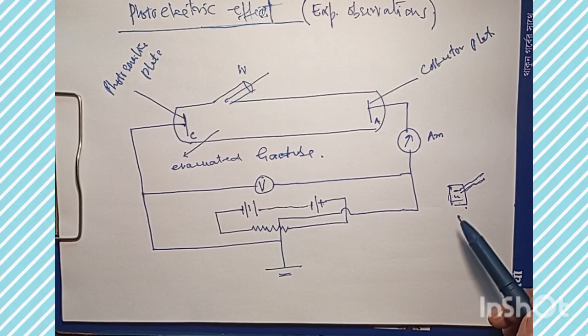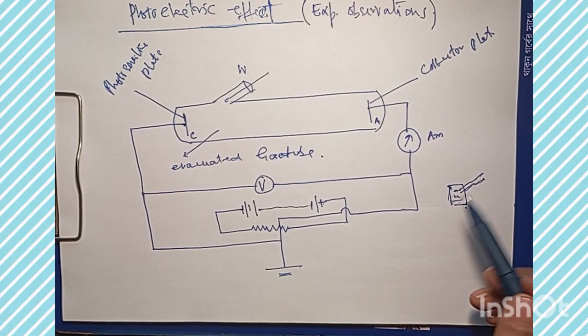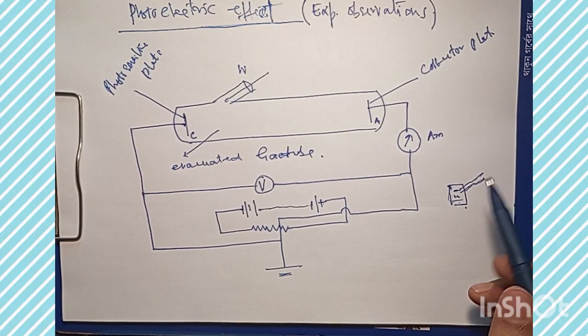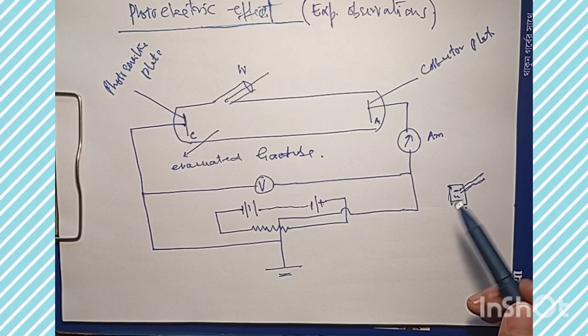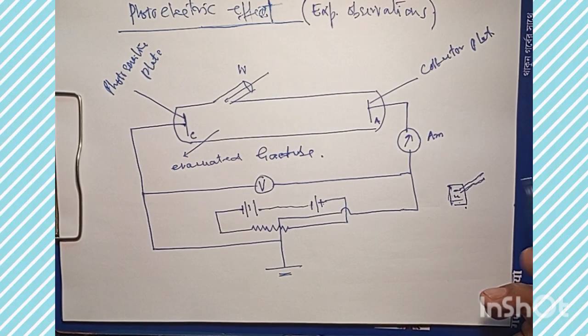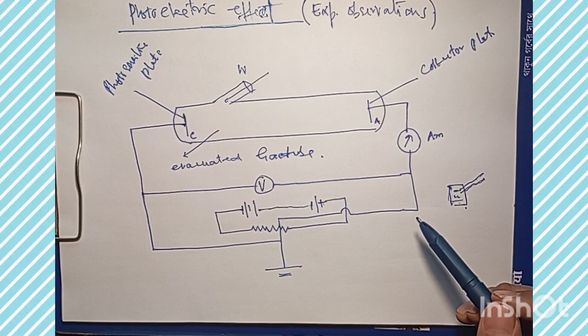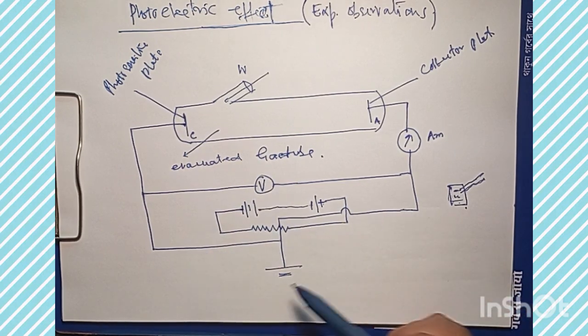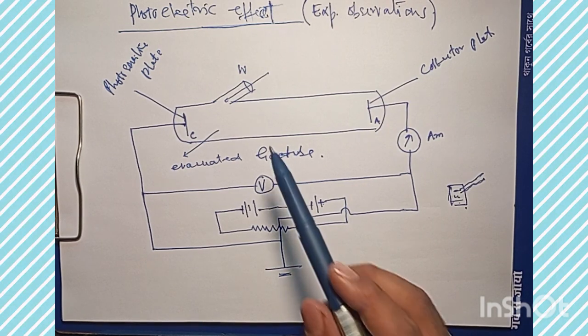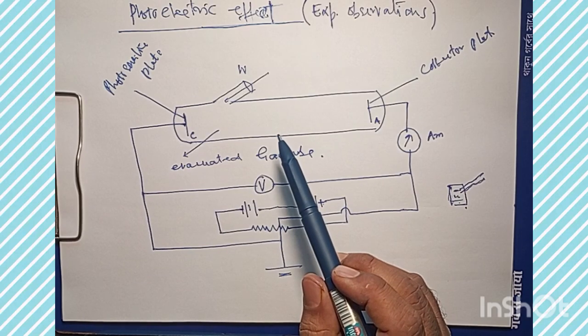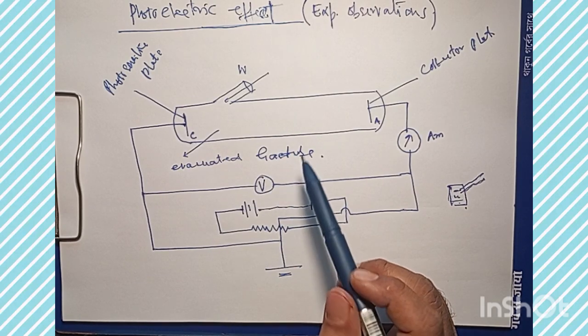And all substances, I mean metals as well as non-metals, give out slow moving electrons when they are illuminated with light of suitable wavelength. So you can see here I have sketched out an experimental setup for the photoelectric effect.